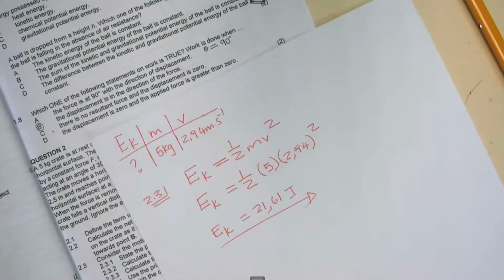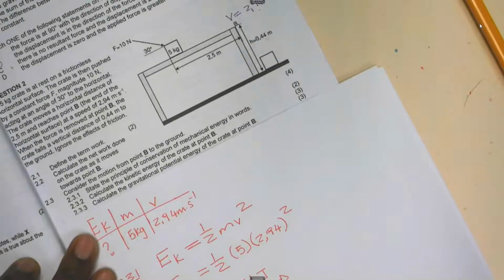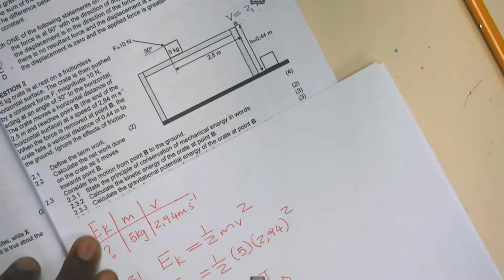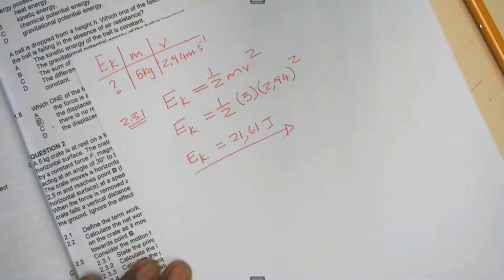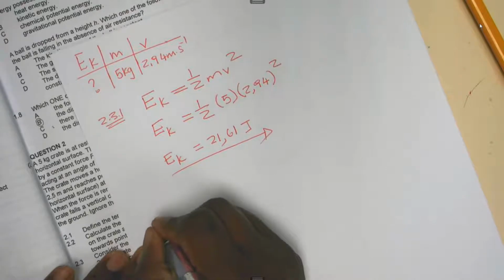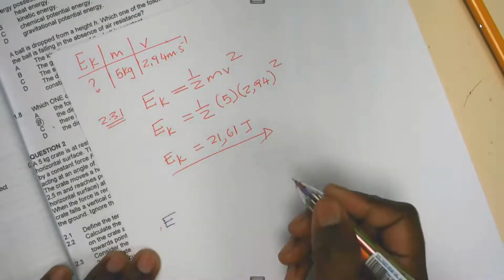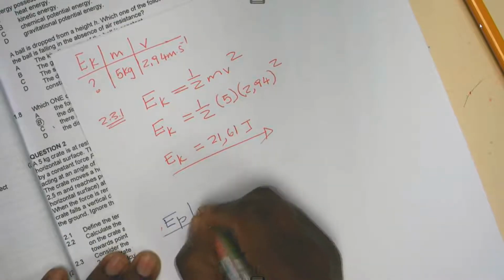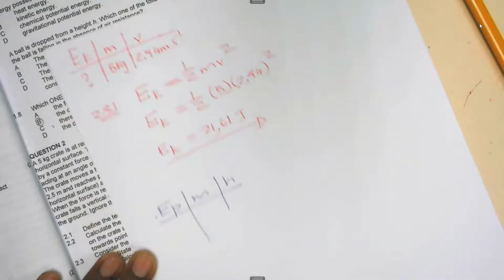Right. And then 2.3.2. Calculate the gravitational potential energy of the crate at point B. Gravitational potential energy, we want to calculate. EP, m, and h.